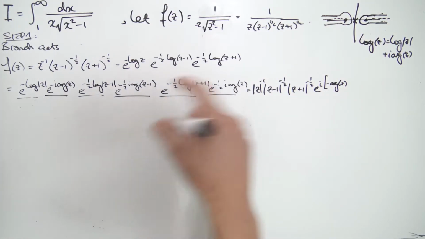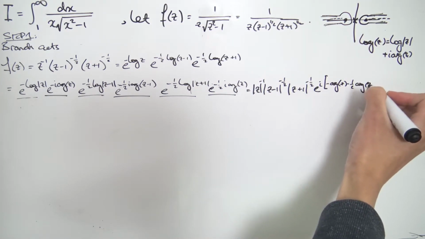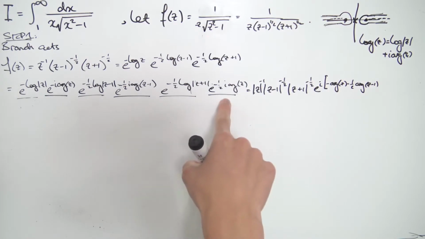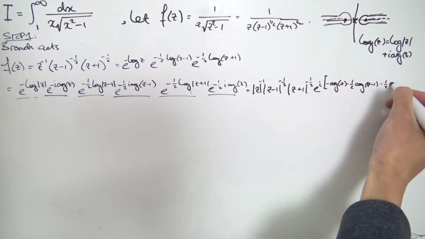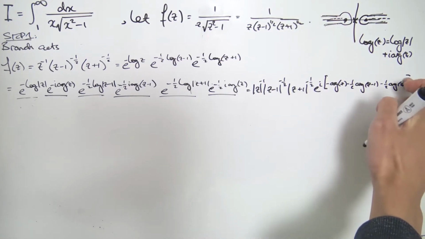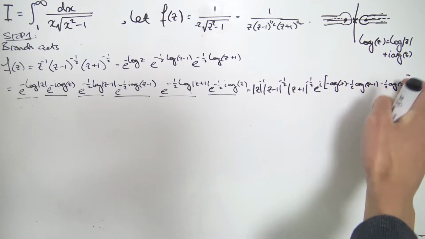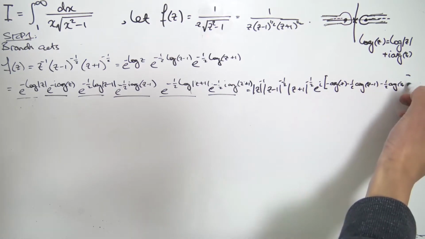Next we have minus 1/2 times arg of z minus 1, and then we also have minus 1/2 times the argument of z plus 1, like so. No, that should be z plus 1. Did I write this wrong? Yes, that was wrong. That should be z plus 1.